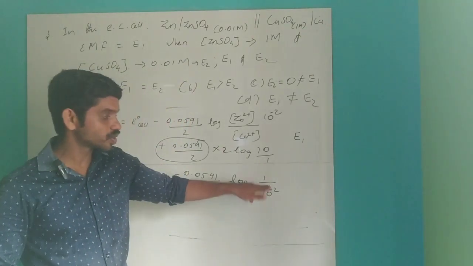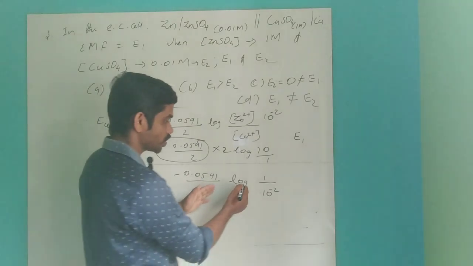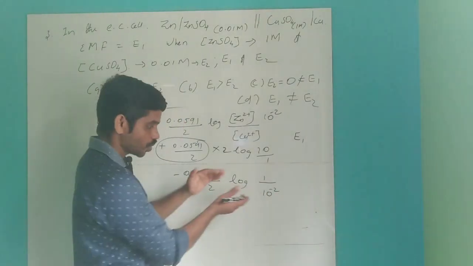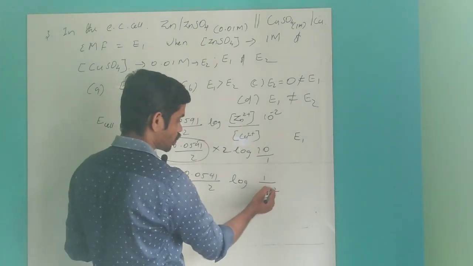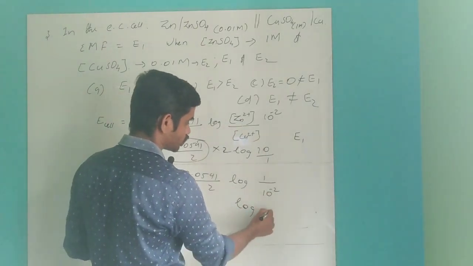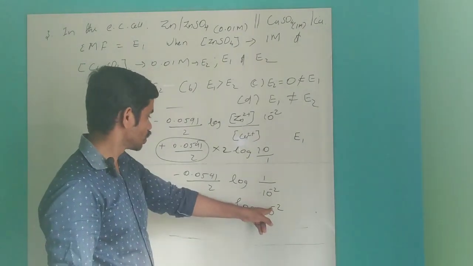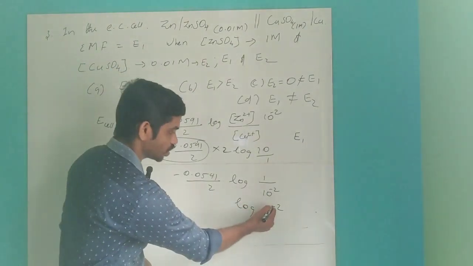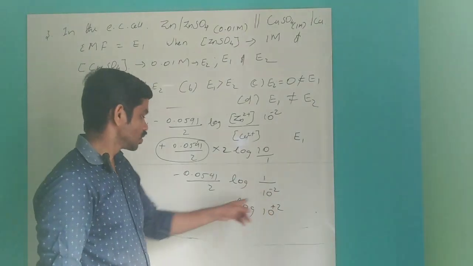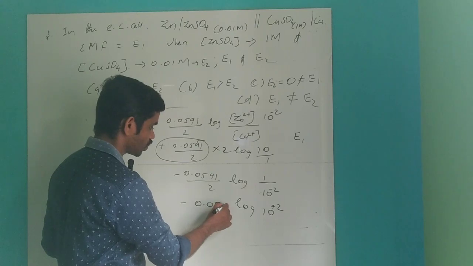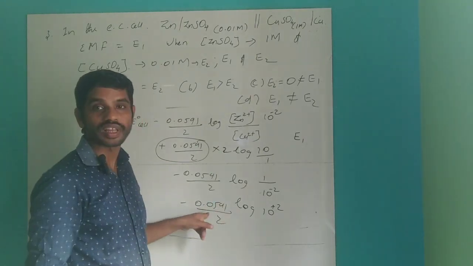So this is log 1 minus log 10 power minus 2, which becomes log 10 power 2, so minus 0.0591 by 2 into 2 log 10.